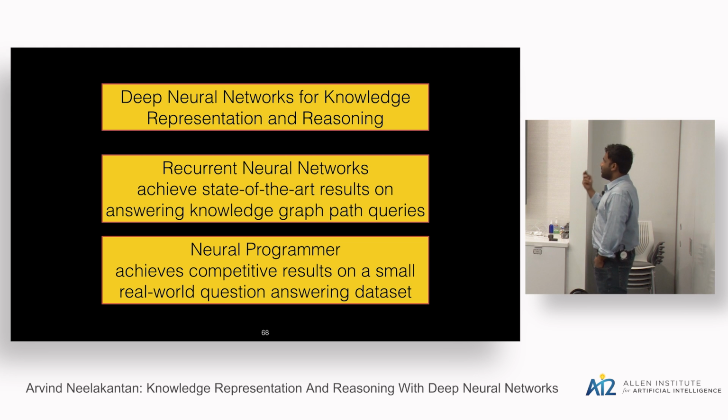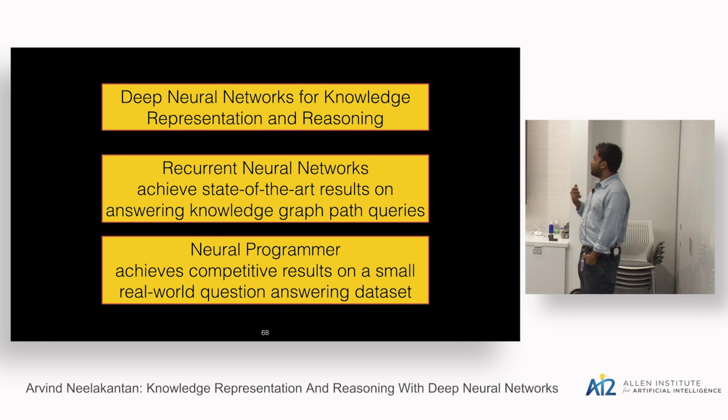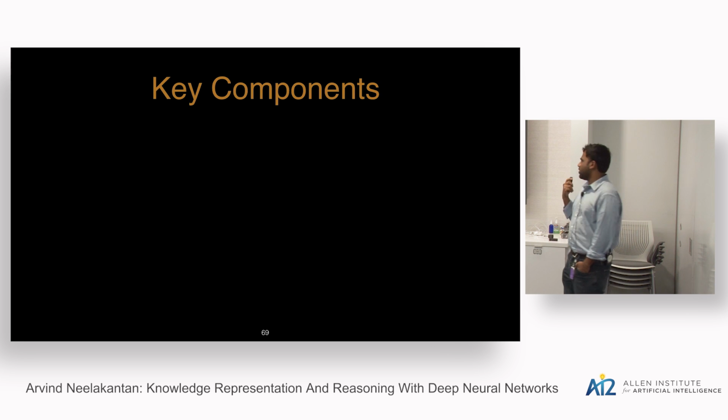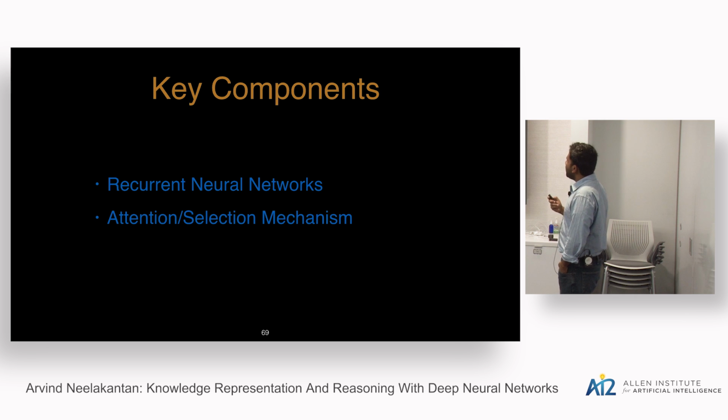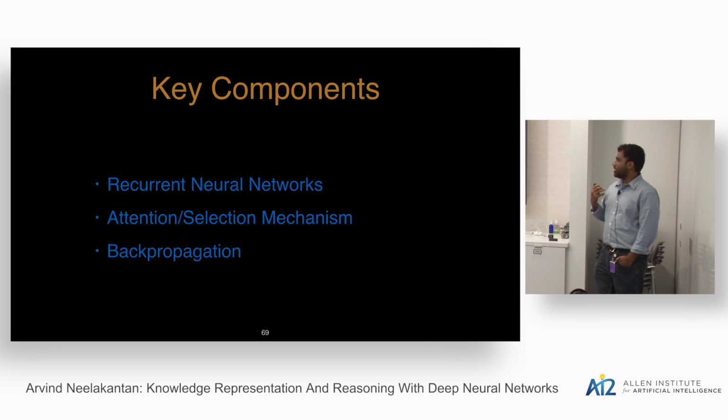So basically we started with neural networks for knowledge representation and reasoning, and we went through simple reasoning for knowledge graph path queries and program induction for semi-structured web tables. And if you take a step back and look at what was actually required, it is basically only 3 things.